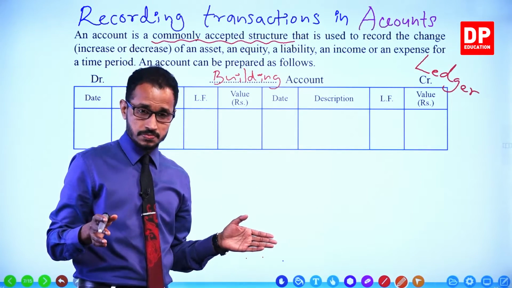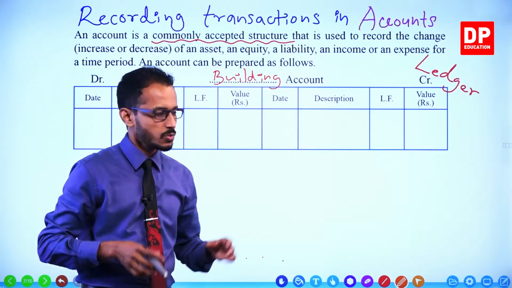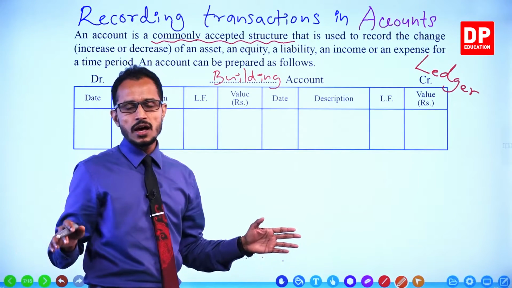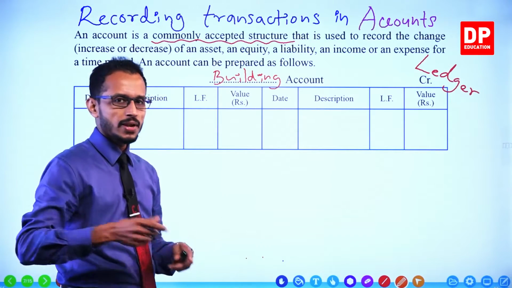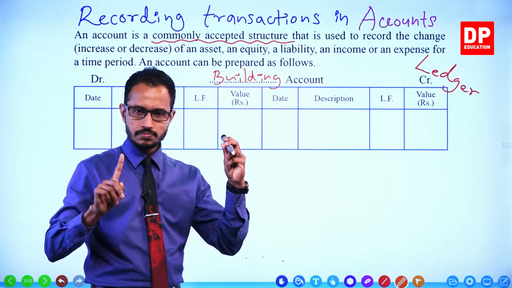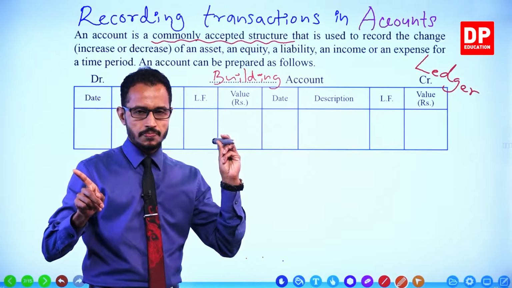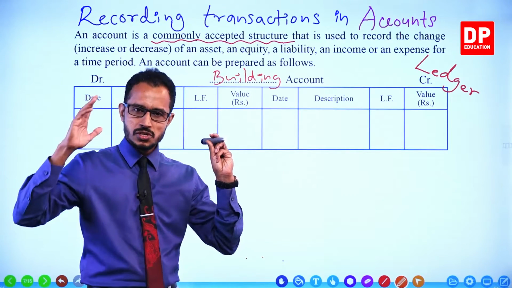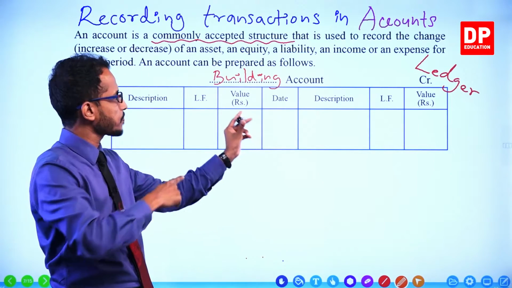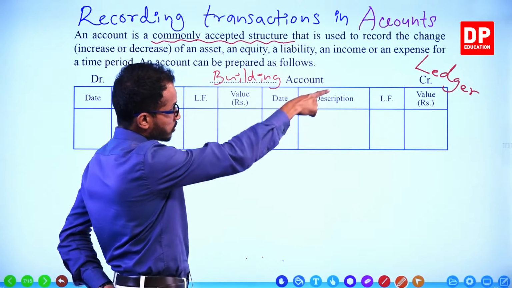Why? Because in practice, in real businesses, children, the transactions and the double entries are recorded in these accounts. Make no mistake, all the transactions should be recorded in these accounts. But why do we call these accounts by that name?